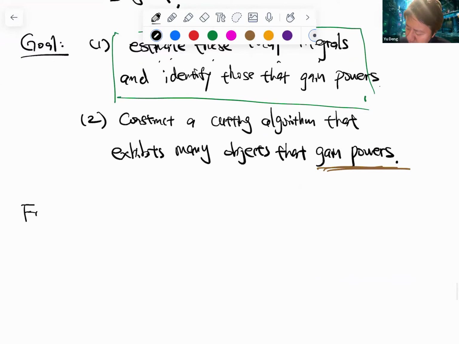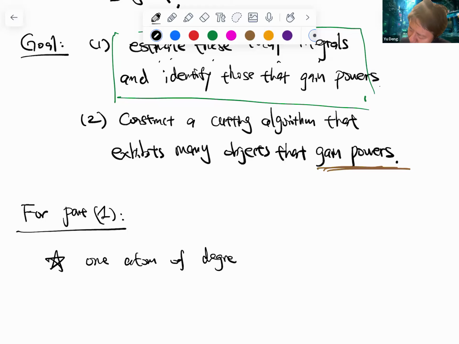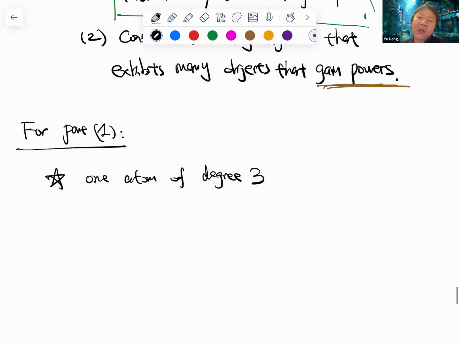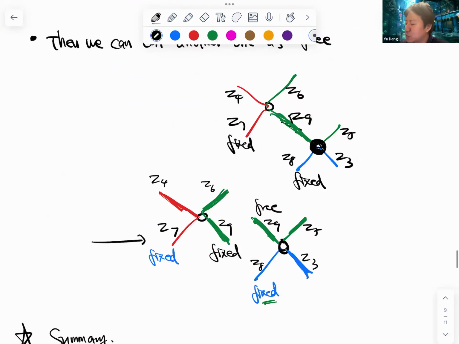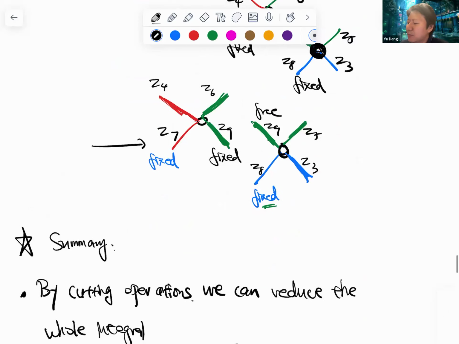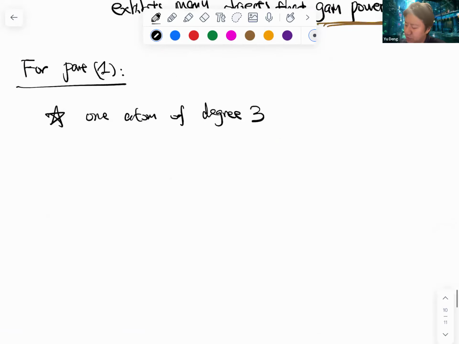So for part one, one atom of degree 3. Here, by the way, an atom is just these atoms, and degree means the number of free edges, where we exclude the fixed edges, because fixed edges don't attend the integration. They are fixed variables.